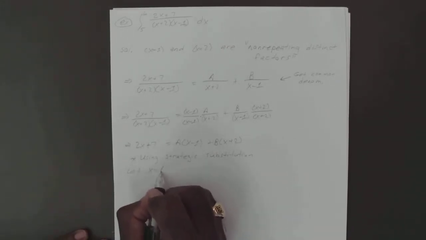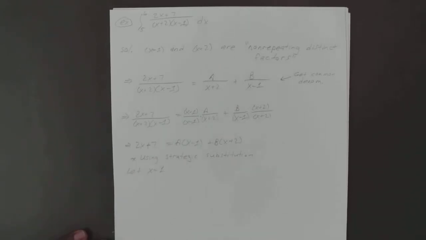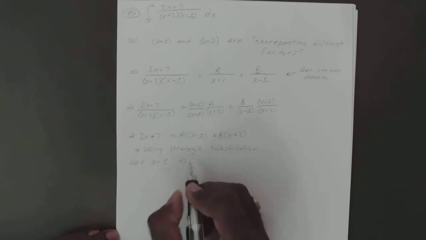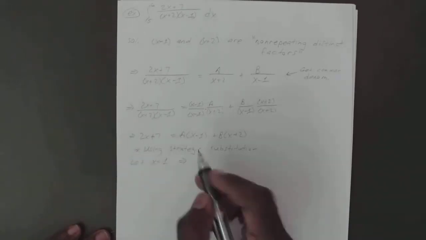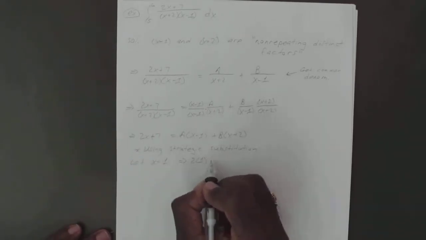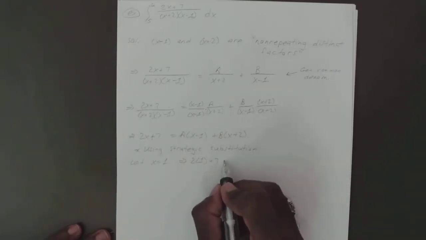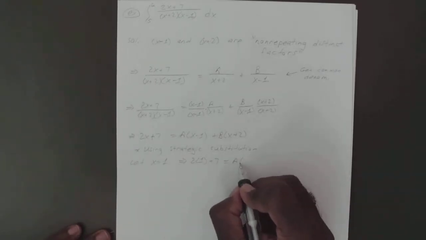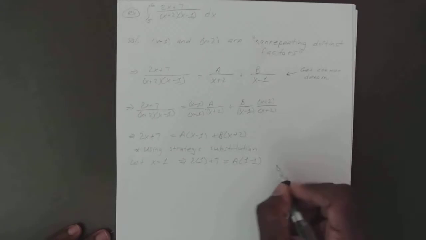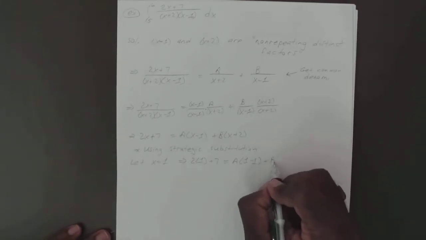So let x equal 1. If x is equal to 1, that gives you 2 times 1 plus 7 equals A times 1 minus 1 plus B times 1 plus 2.